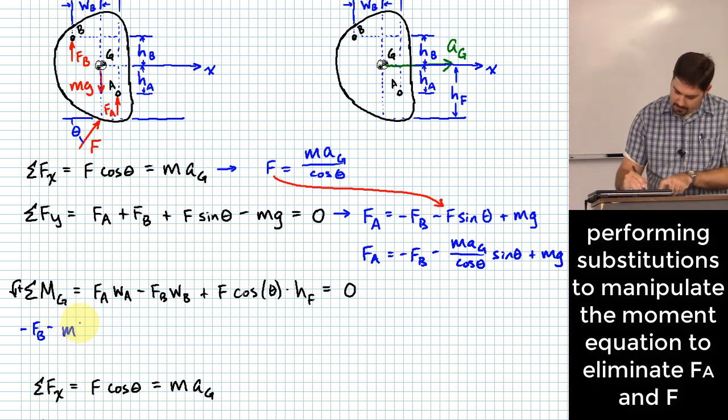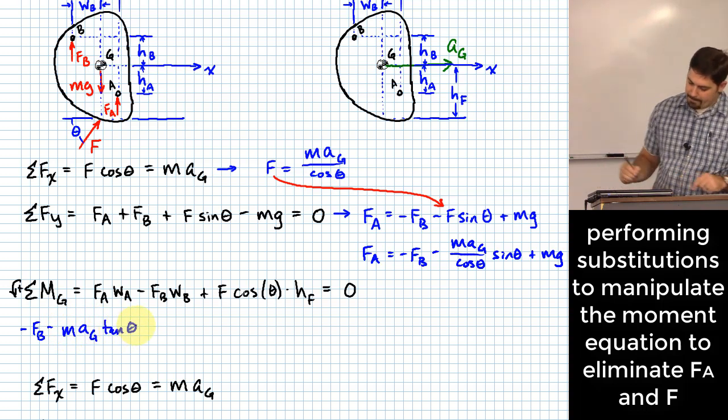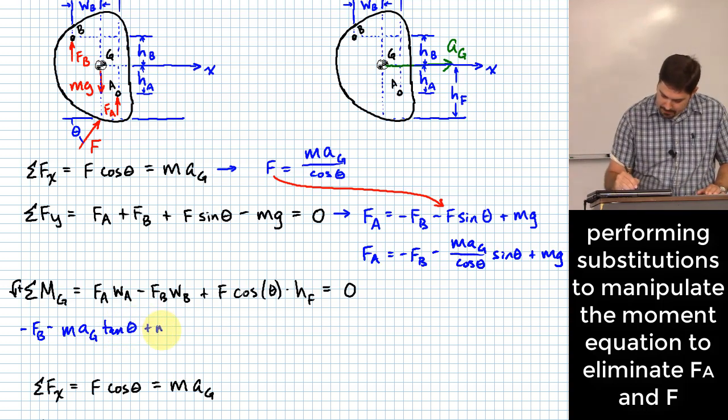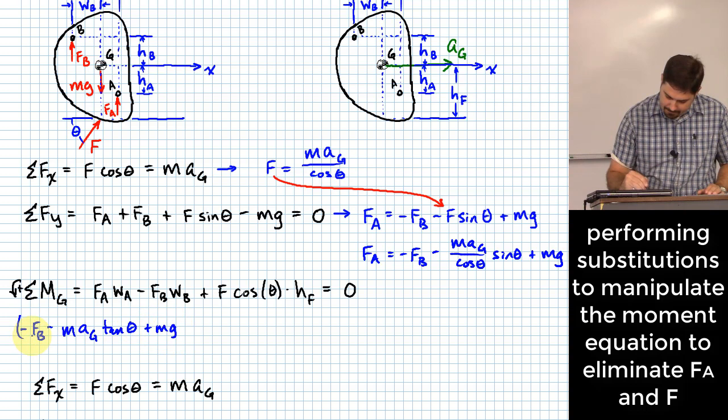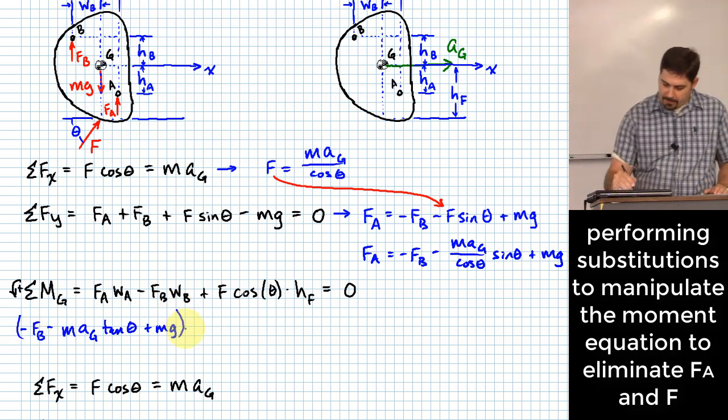Okay, tangent, so m a g tangent of theta, okay, plus mg. All this gets multiplied by WA.